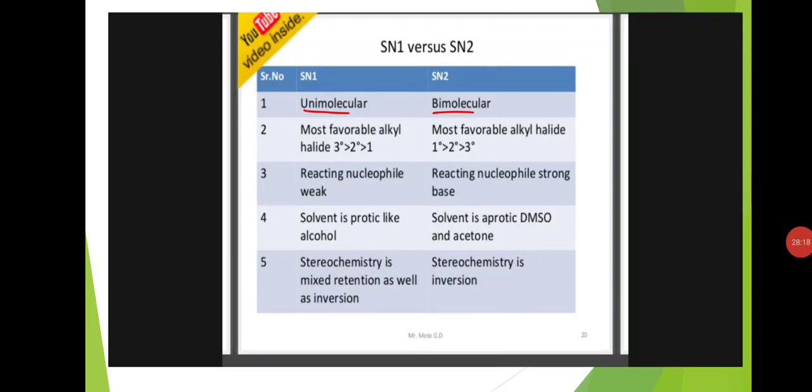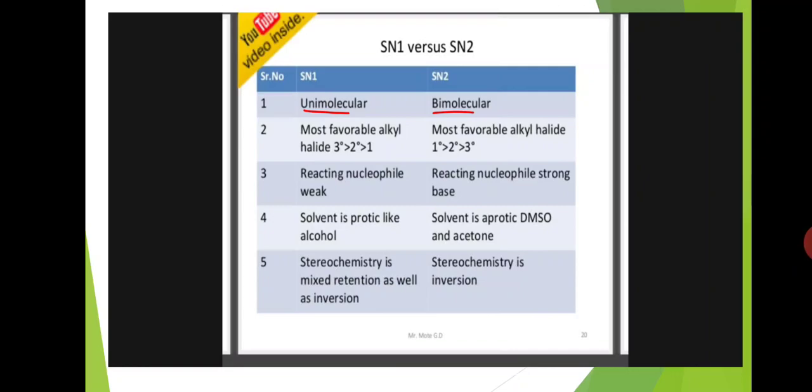Now the differences between SN1 and SN2 reactions. SN1 is a unimolecular reaction and SN2 is a bimolecular reaction. In SN1, the most favorable alkyl halides are tertiary alkyl halides. In SN2, the most favorable alkyl halide is the primary alkyl halide. In SN1 the reacting nucleophile is weak, and in SN2 the reacting nucleophile is a strong base.